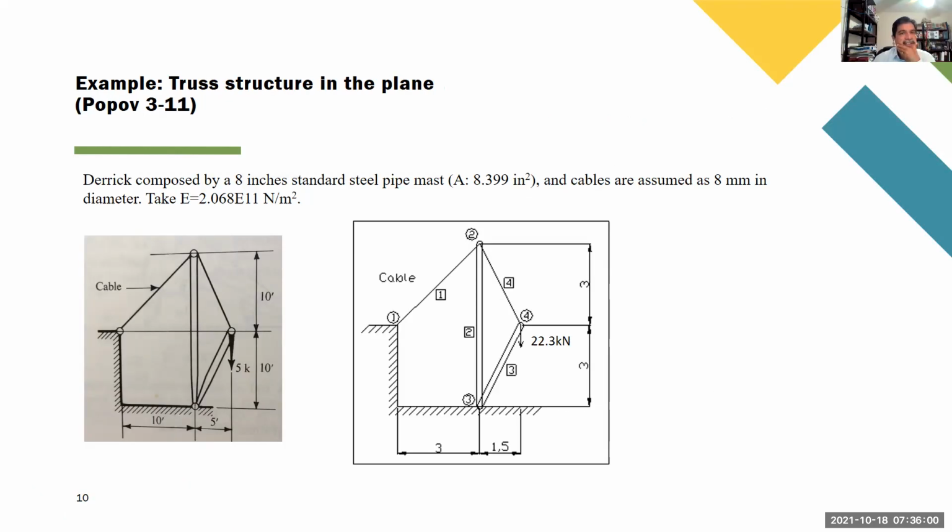Okay, now, this is the example that we started last class. And the big difference now is that you can immediately see that each element is not aligned with the others. So every element, in this case I'm using 4 elements, has a different direction for its local reference system.